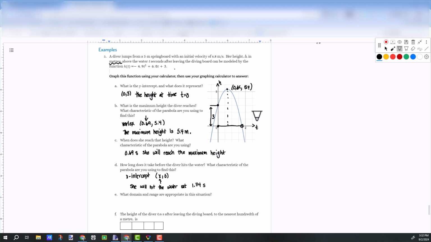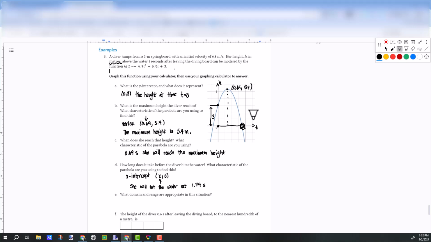We're starting at 0 and moving forward in time. Furthermore, the time does not go past this point here, because once they hit the water, everything stops. The dive is over with.